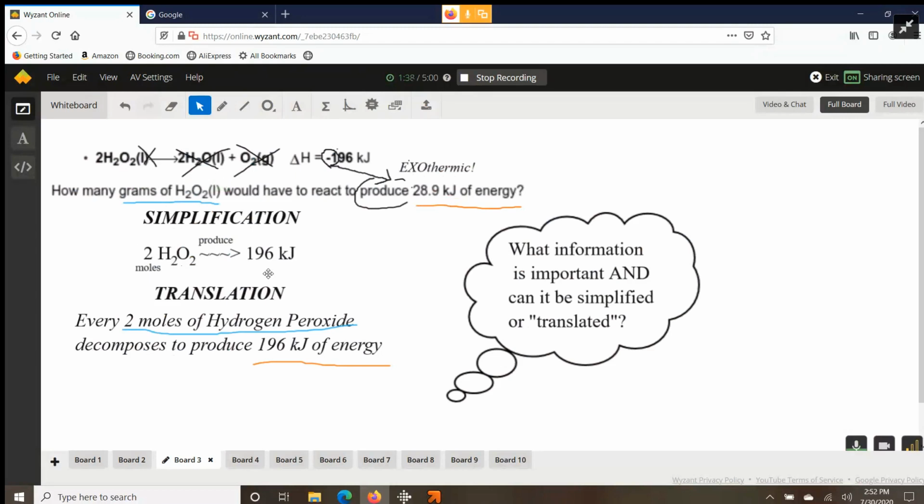You might be wondering, hey, where'd that negative sign go? Well, the delta H value, or enthalpy, heat of reaction, anytime it has a negative sign, that's just telling you that the reaction is exothermic, as in heat is being produced. So if heat is being produced, we can just treat it as a product and therefore ignore the negative sign.